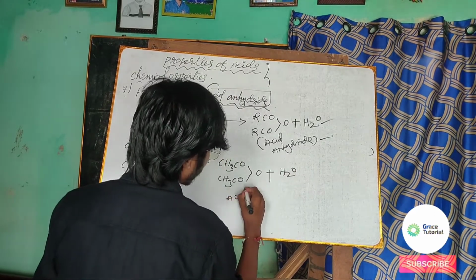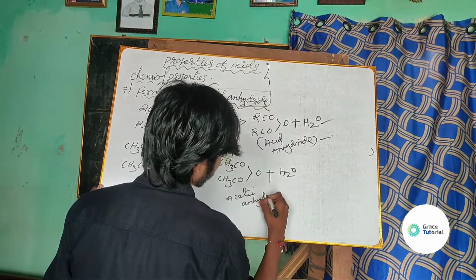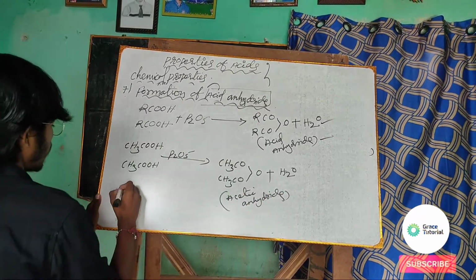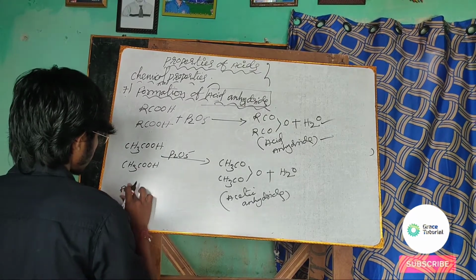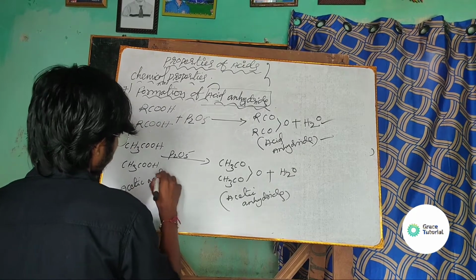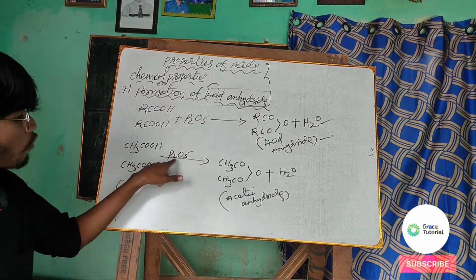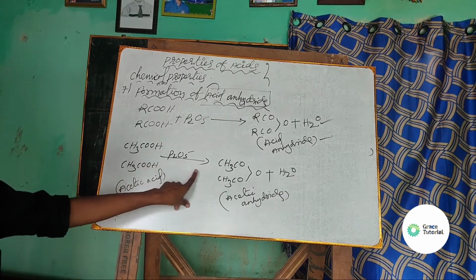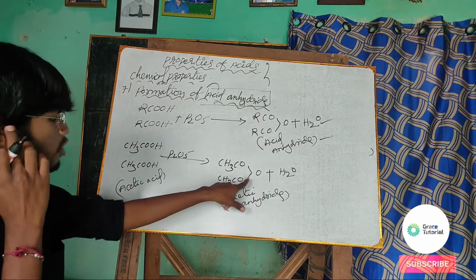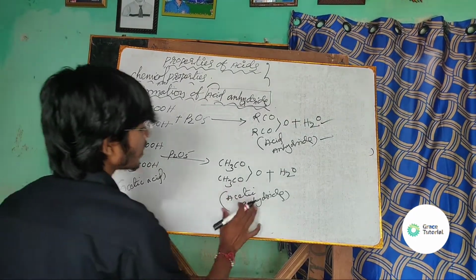Acetic anhydride. So when acetic acid reacts with phosphorus pentoxide, it gives acetic anhydride, that is CH3CO-O-COCH3.